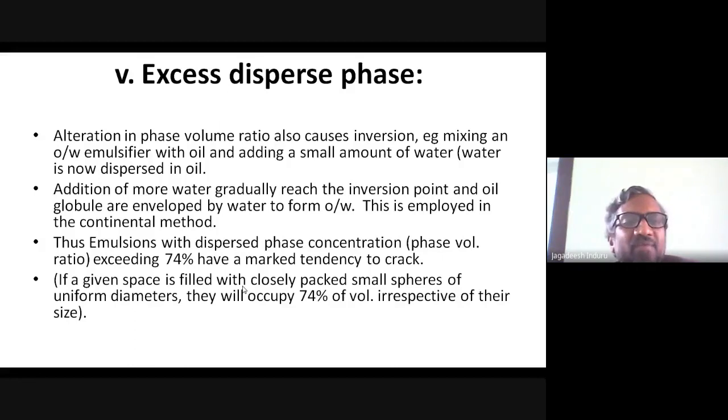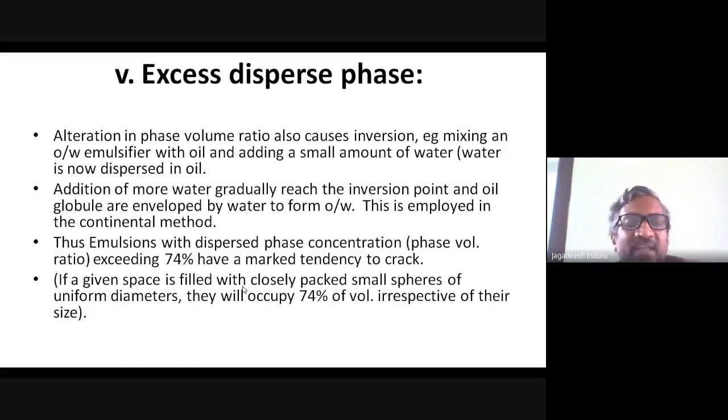The phase volume of that dispersed phase is very high. So whenever you are making an emulsion, remember that you can add dispersed phase up to 74% of your emulsion. Beyond that, if you add more dispersed phase, it will break, because all the emulsion globules are spherical in nature and shape.